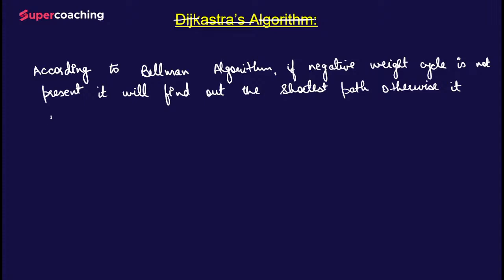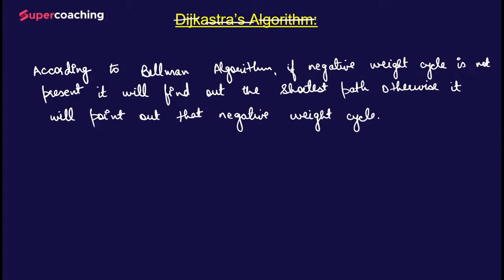Otherwise, it will point out that negative weight cycle is present in the graph, and it will return some path, not necessarily the shortest path, but it will return the path present in the graph.